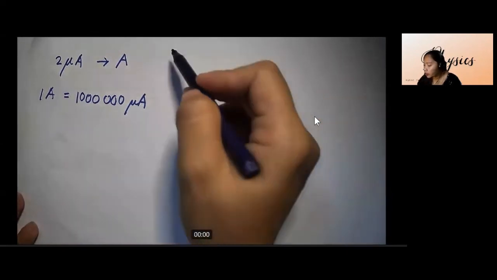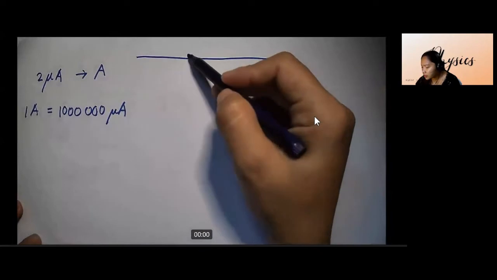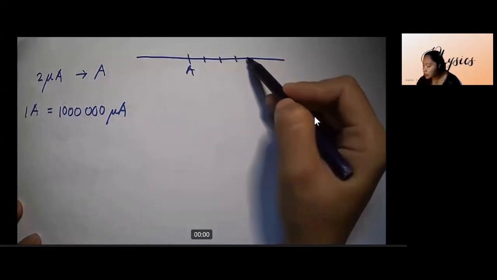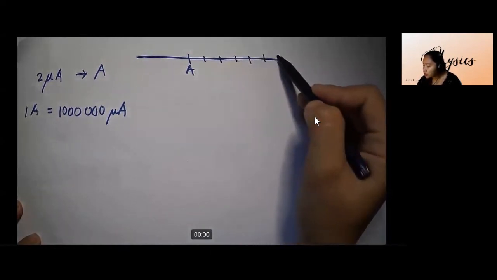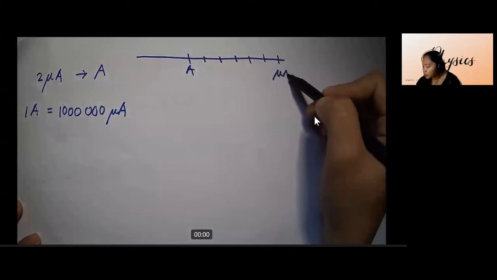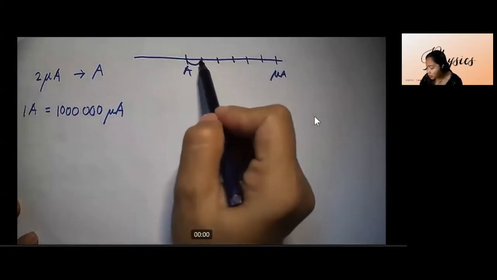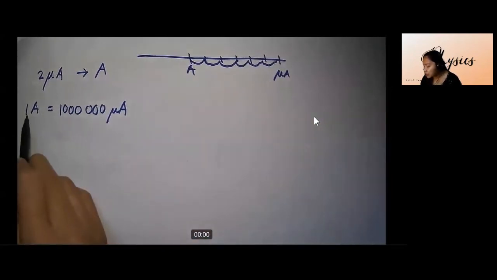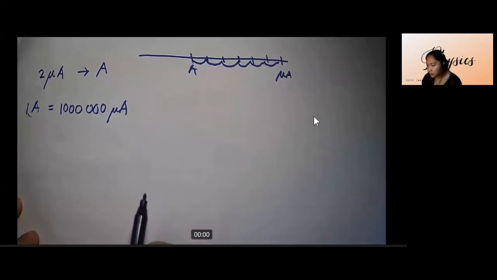If we go back to the metric scale, if this is ampere, there are 6 places going to the right to reach the microampere. That's 1, 2, 3, 4, 5, 6. That means that from 1 ampere, we need to move 6 places going to the right.